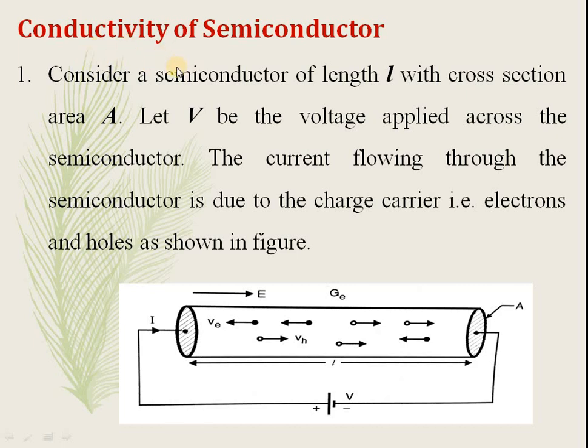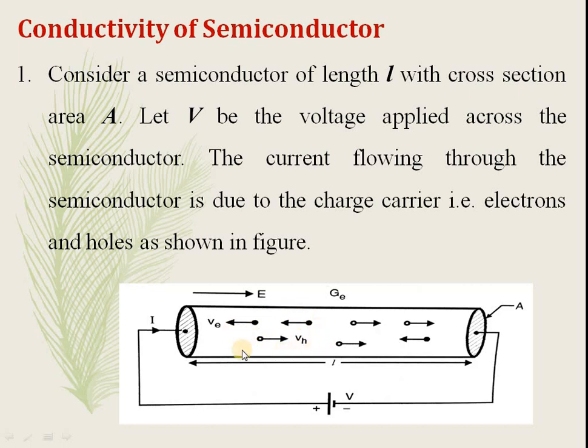For the derivation of the equation for conductivity of semiconductor, we consider a semiconductor of length L with cross section area A. Let a voltage V be applied across the semiconductor. The current flowing through the semiconductor is due to the charge carriers such as electrons and holes, as shown in the figure.